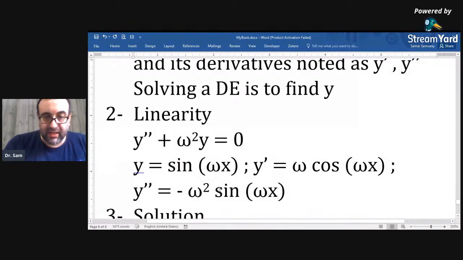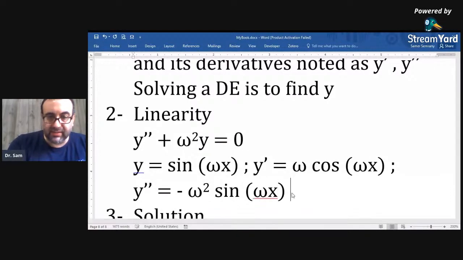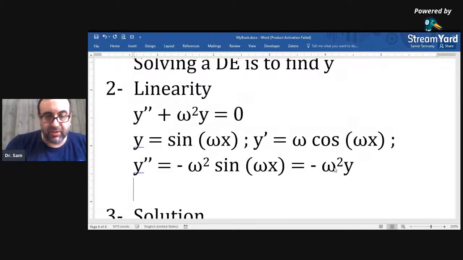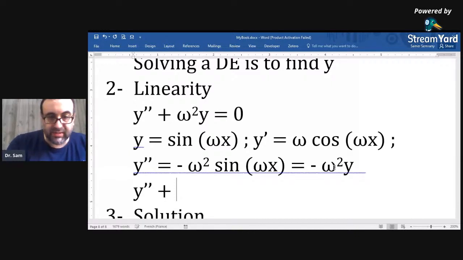I know that sine omega x is y. So that is equal to minus omega squared y. So after rearrangement, I can see that y double prime plus omega squared y equals 0.